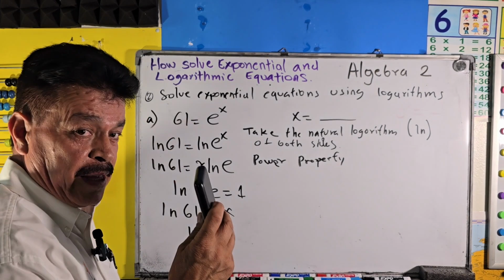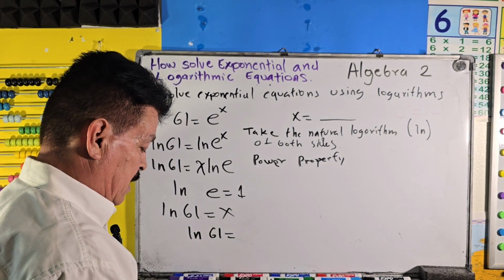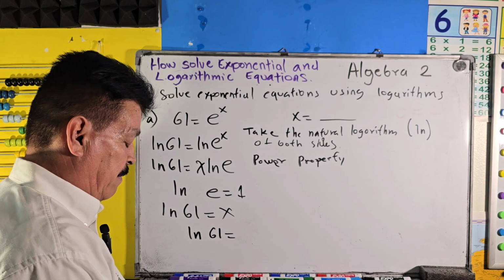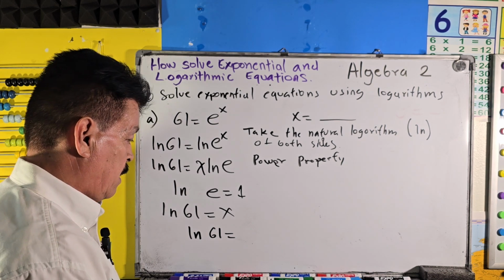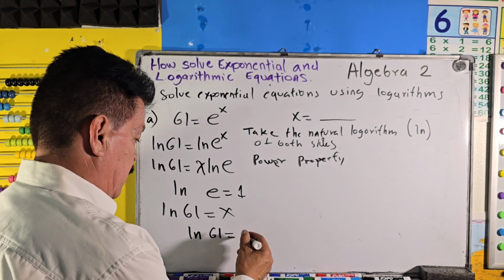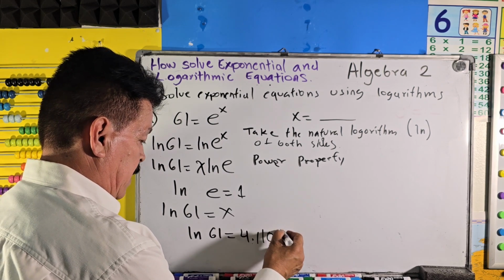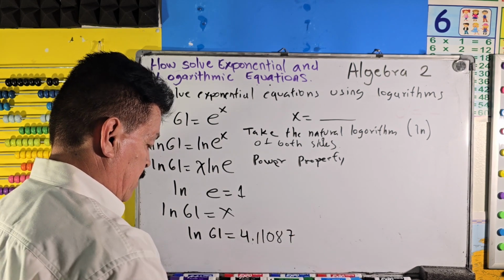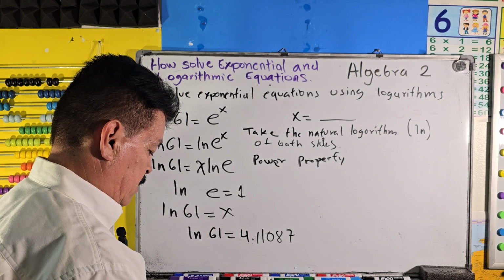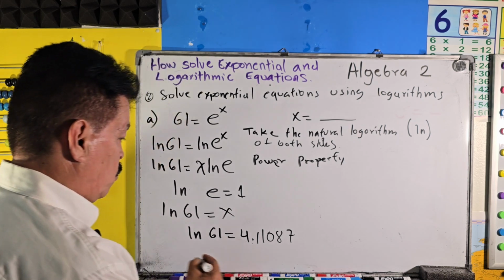So here the natural logarithm of 61 equals, let's do it, we have to use the calculator. The natural logarithm of 61 is 4.11087.